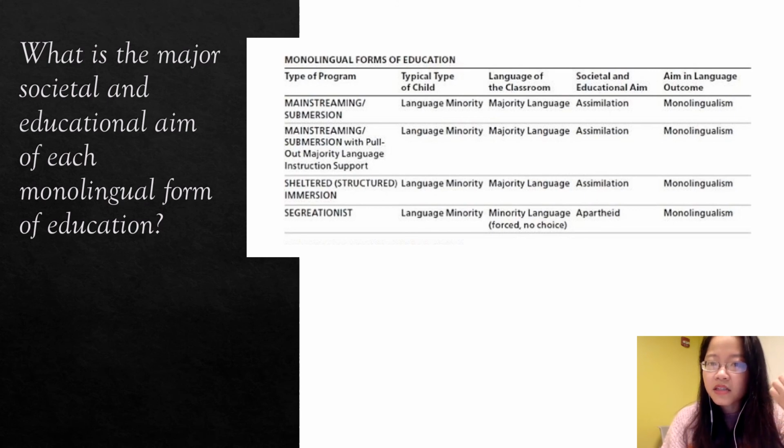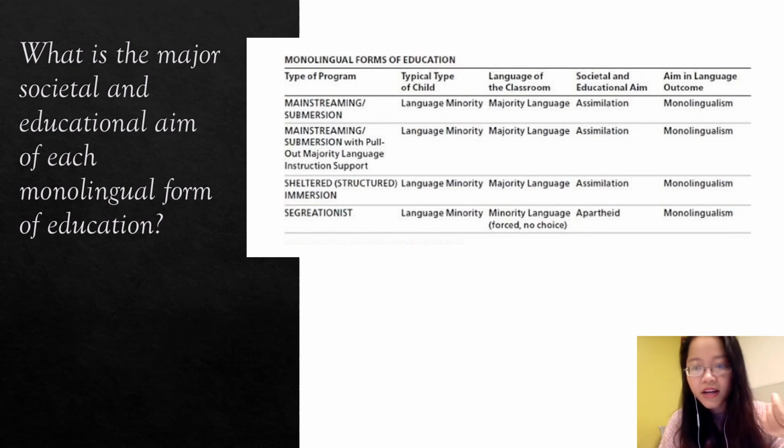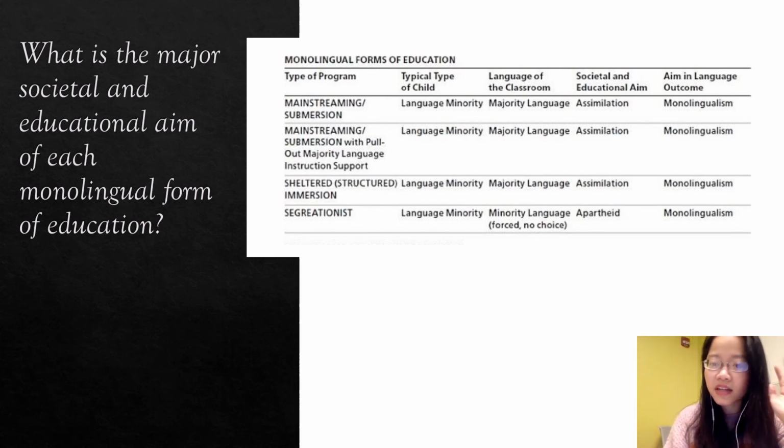So whether it is a monolingual, weak or strong form of bilingual education, they are defined by the typical language outcome among students, basically whether or not the student can become or remain bilingual. In a strong form of bilingual education, reading and writing will be conducted in both languages, resulting in biliteracy.